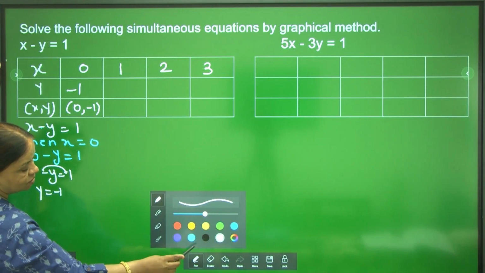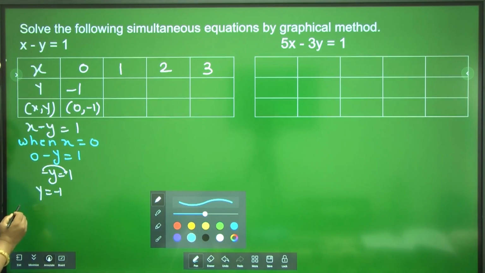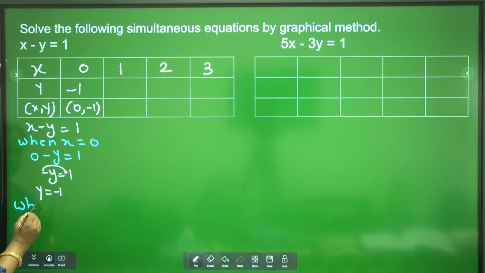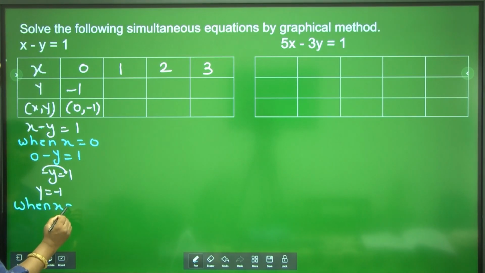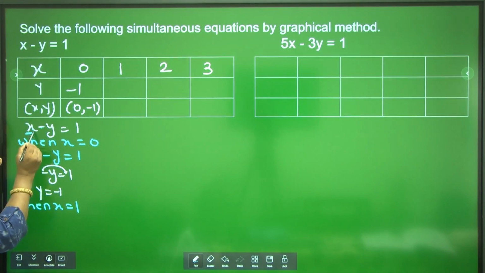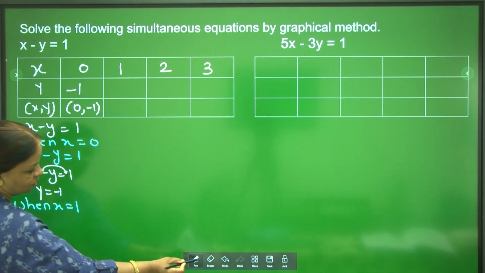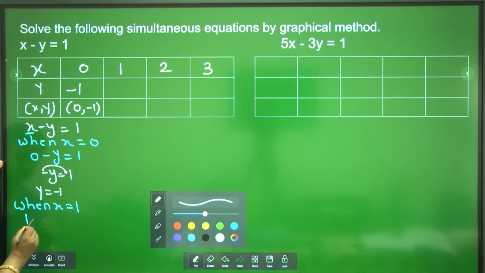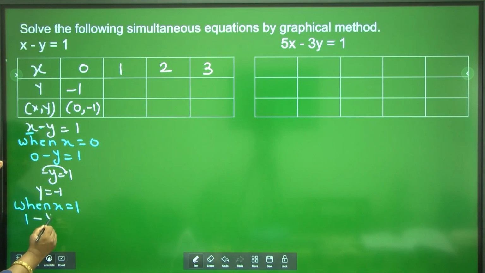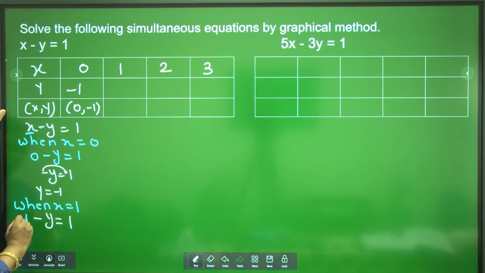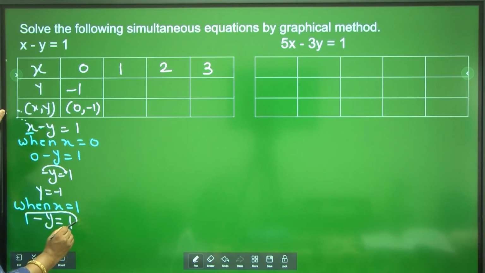So when x is equal to 1, when I write the equation, see, my x is 1. So I will write 1 minus y is equal to 1. Now the 1 is going to come here.